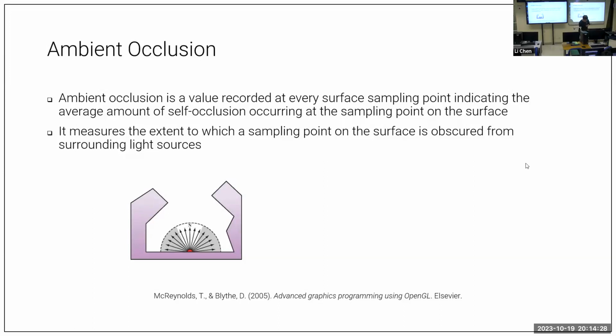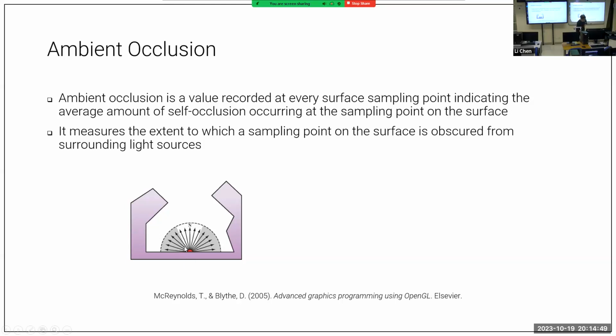For example, this is a very typical example of ambient occlusion. We have a point here. In order to enhance the rendering of this particular point, you can imagine we apply a post-processing effect to it.